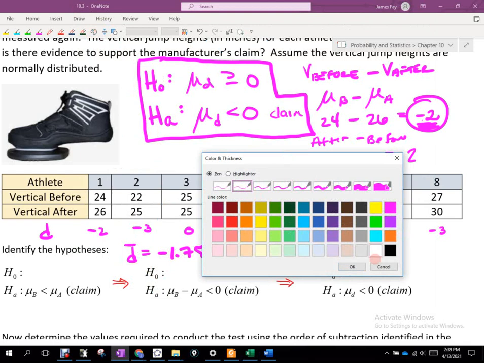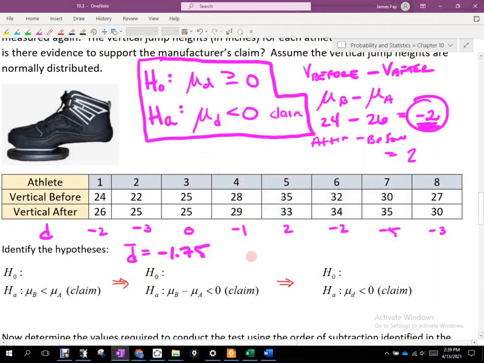All right, so now we want to figure out what T is. Okay, remember T is D bar minus mu sub D divided by the standard deviation of the differences divided by root n. D bar is -1.75. Mu of the differences, the hypothesized mean of these differences, again, as always, is right there.